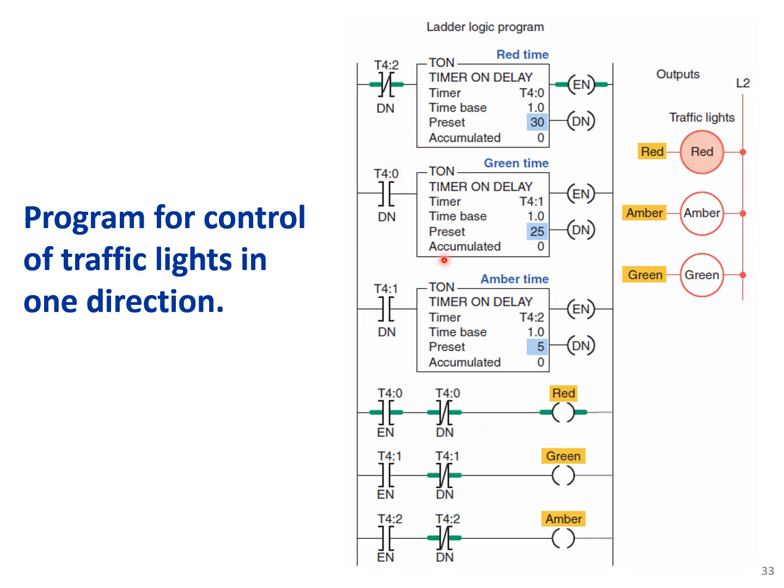It's quite straightforward. You see that, for example, here we are using negated downbeat of the last timer to enable the first one, and then we are using a downbeat of other timers to enable the others, and a combination of enable and downbeat of timers to control these lights.